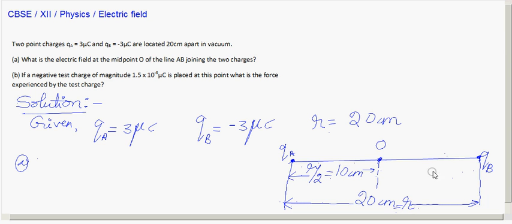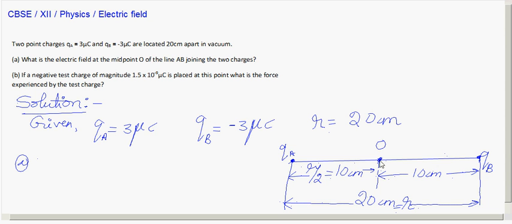This also 10 centimeter midpoint. So point O is at a distance 10 centimeter from QA and also 10 centimeter from QB. Now find out the electric field at this point.